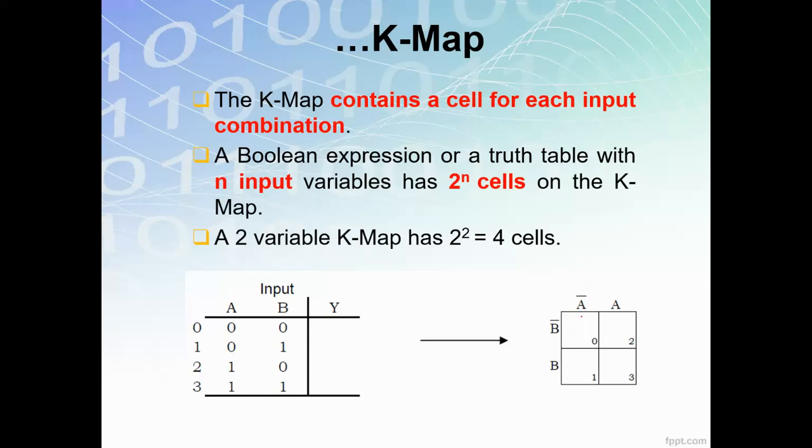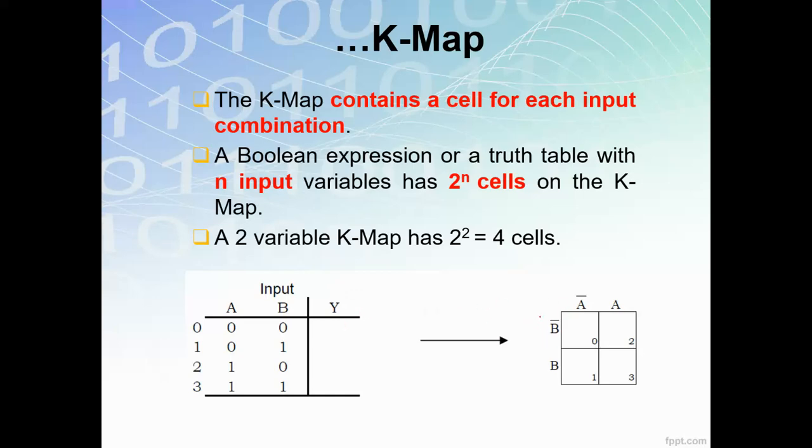For the 4 cells of the Kmap, you have 2 columns. The first column is represented by A bar, the second column by A, the first row by B bar, and the second row by B. And you need to label the cells. The cells start from the left cell at the first column, which is 0, followed by 1, and the second column will be 2, followed by 3.